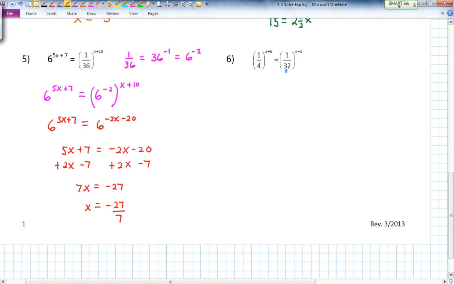So in the case of number 6, you're going to need to change both of these bases to a base 2. So both sides need to be changed to a base 2. Take a couple of minutes, have the sub turn off the video, and try solving that problem on your own.